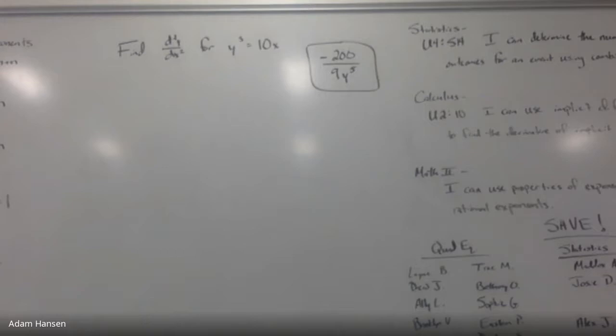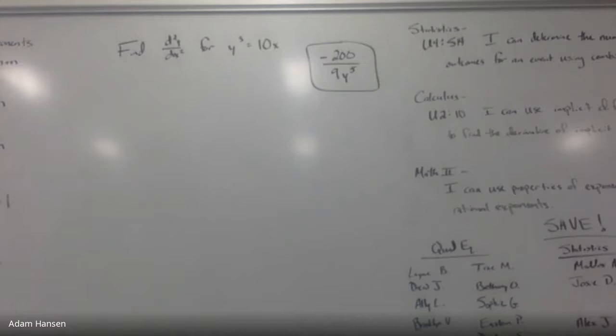That would be 10 over 3. So minus 10 times 6y times 10 over 3y squared. What's 3y squared times 0 equal to? 0. Yeah, so we forget about it.